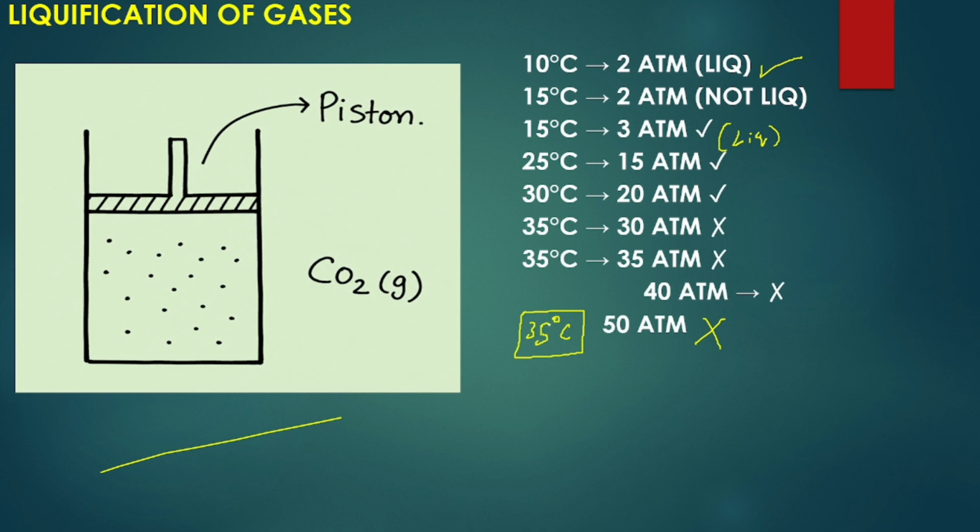At 30 degrees Celsius, yes, it is in liquid state. At high temperature and high pressure, it is liquefied. But beyond that, if it reaches 35 degrees Celsius, whatever pressure you apply, it won't.